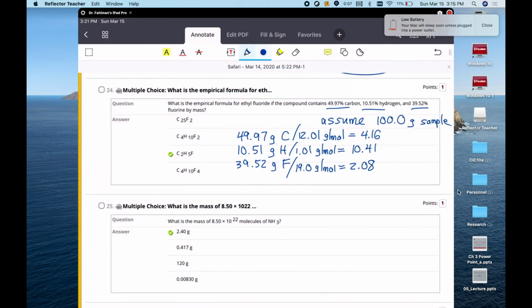Okay, so those are moles for each of those. So now the strategy is divide everything through by the smallest to get the ratios here. So that one is easy. This one is also pretty easy.